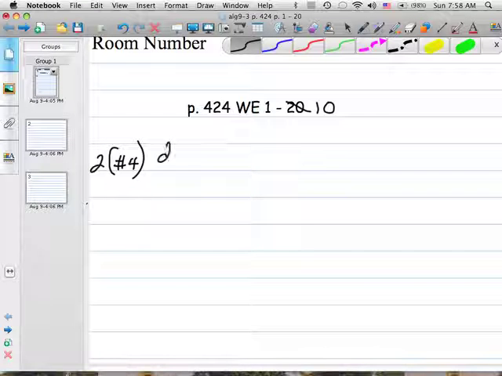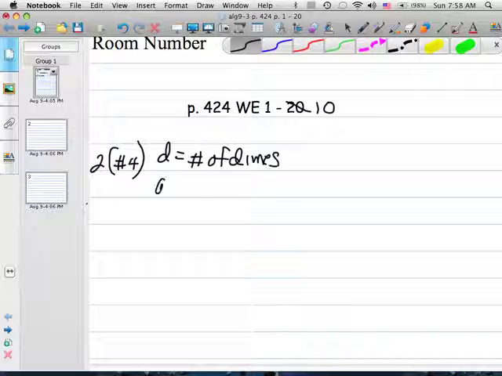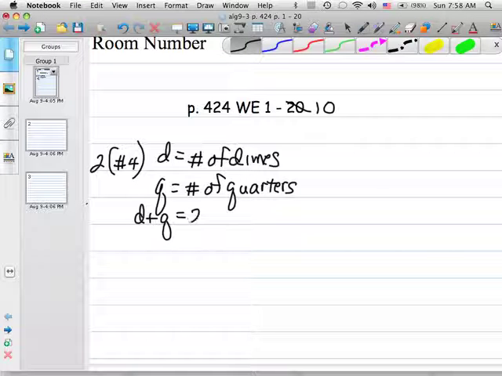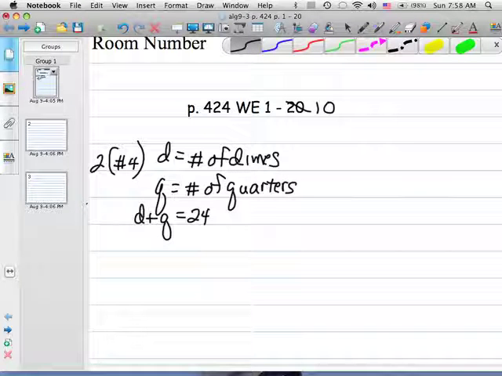So if I let D equal the number of dimes and Q equal the number of quarters, then I can write the equation D plus Q equals 24. And they tell us that the coins have a value of $3.60.